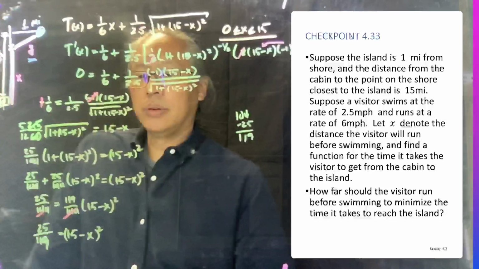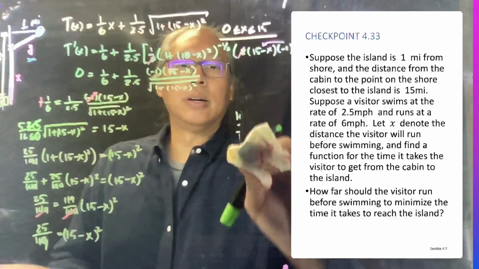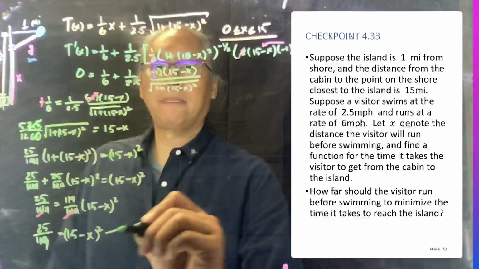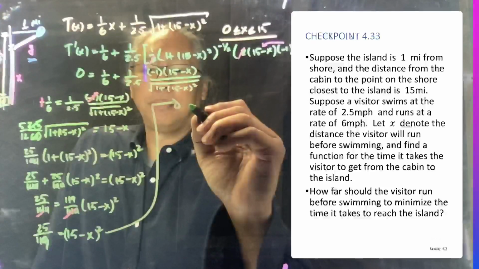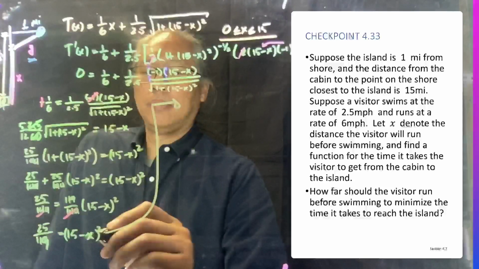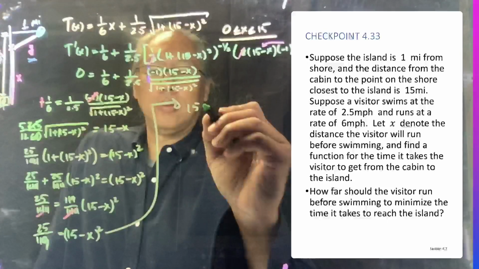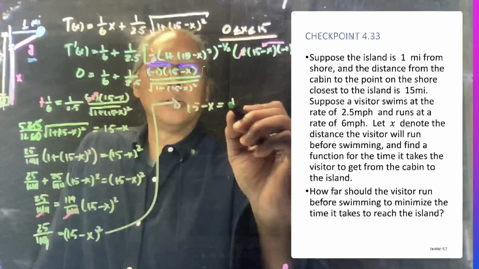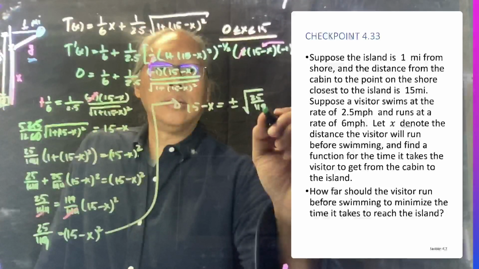We'll take the square root, so there's going to be a plus and minus. So the square root of that, and I'll have 15 minus x is equal to plus and minus the square root of 25 over 119.